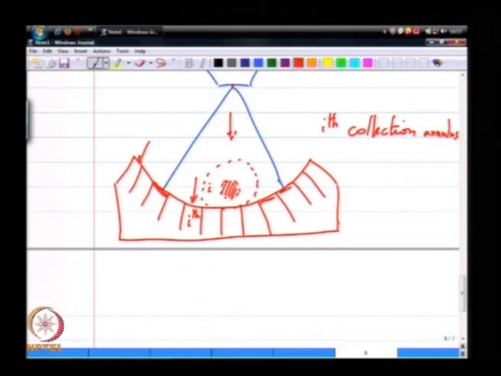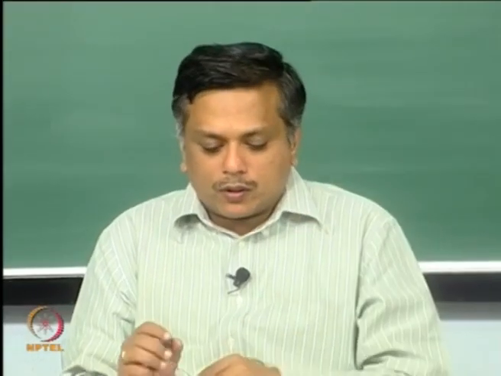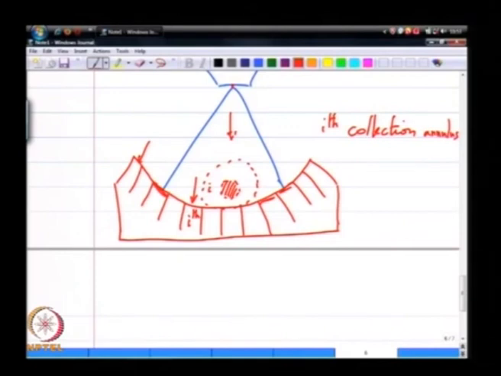So, essentially V dot dA is what is responsible for the mass getting collected into the ith chamber.